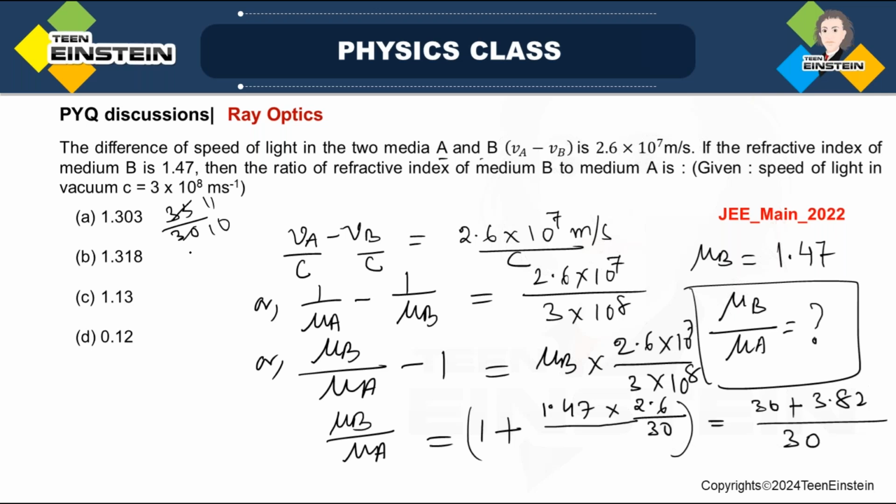Actually we can just take this as 34 nearly, so that will help you to get the proper factor.